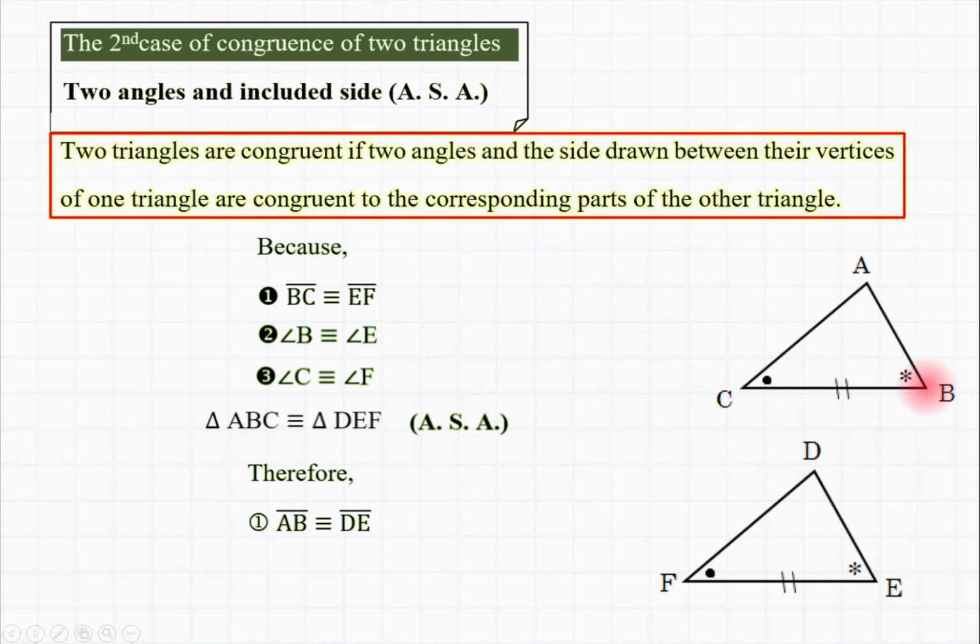Therefore, side AB will be congruent to side DE, side AC will be congruent to DF, and angle A will be congruent to angle D.